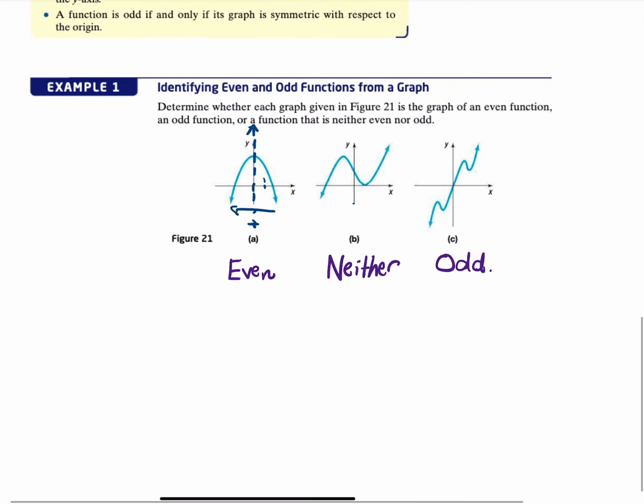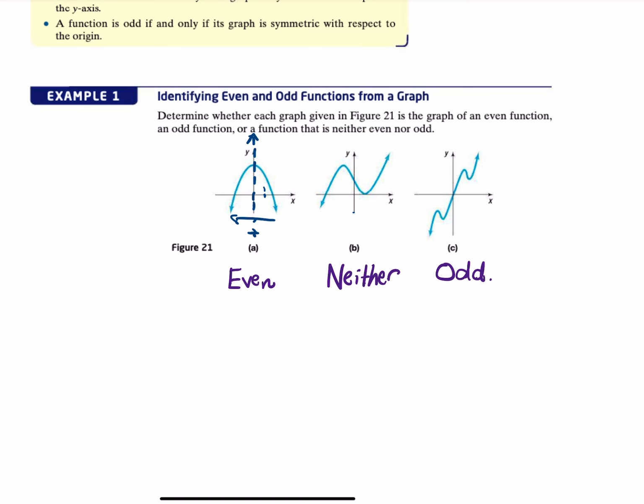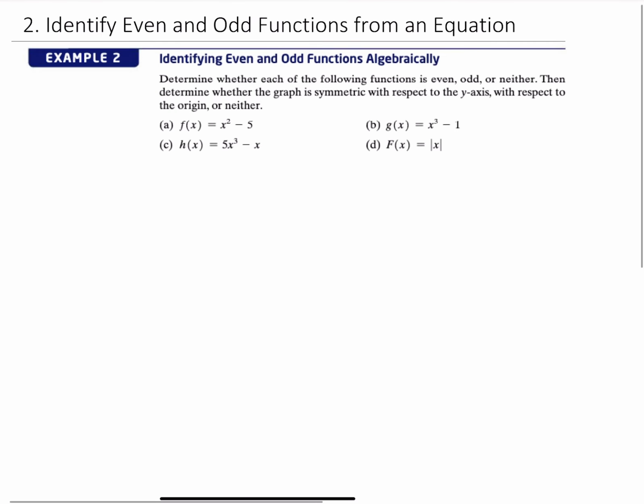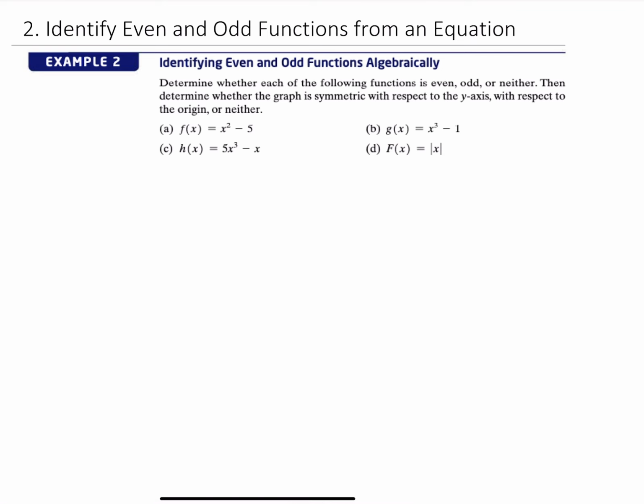So it's helpful to see the graph, then we can just think in terms of symmetry. But let's say we're not sure exactly what the graph would look like. We can do this analytically, meaning just looking at the equations. So let's see what we got.